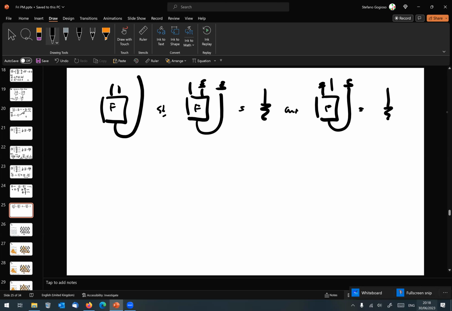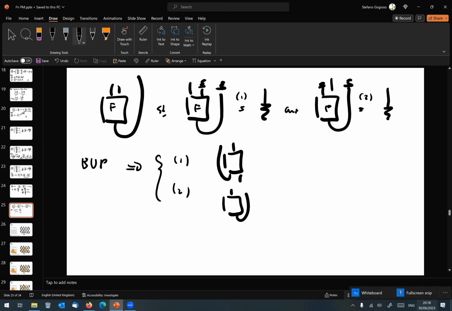And now with essentially unique purification, I indeed get from 1 that the left bent version is an isometry, and from 2 that the right bent version is an isometry.